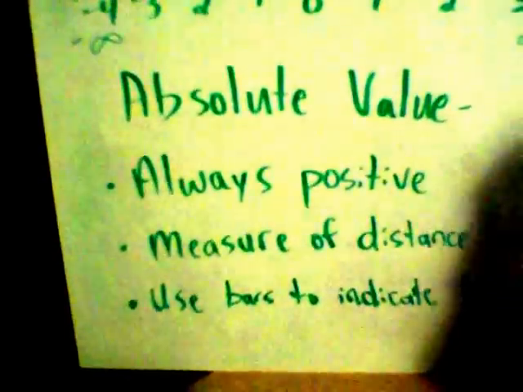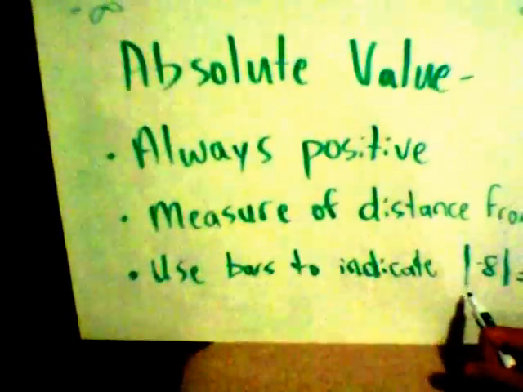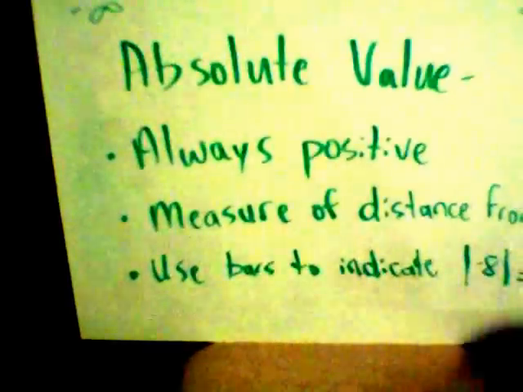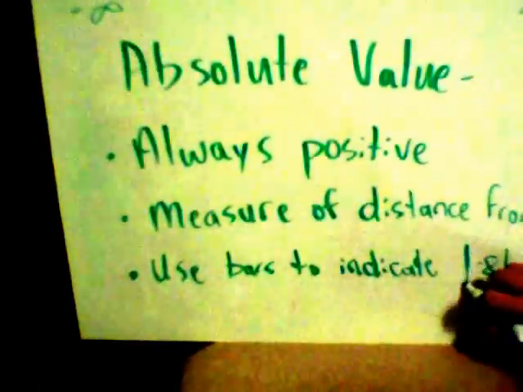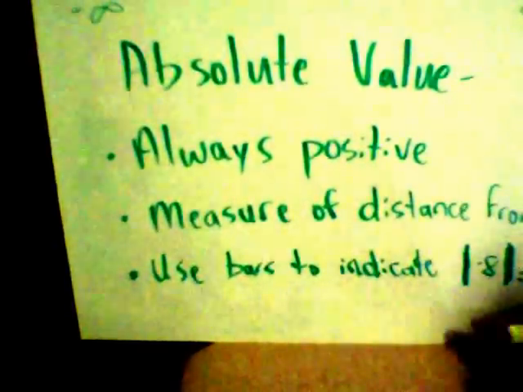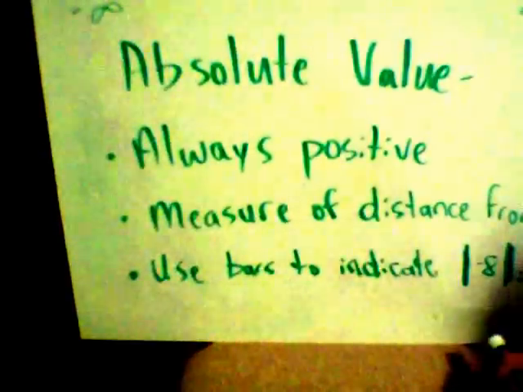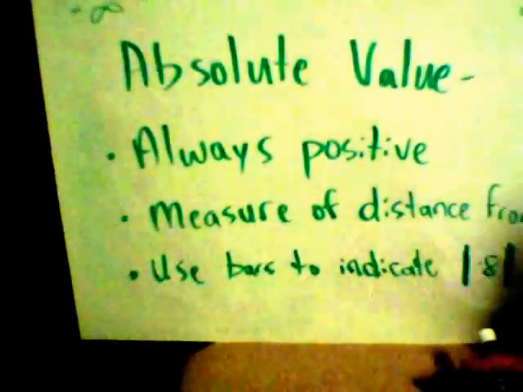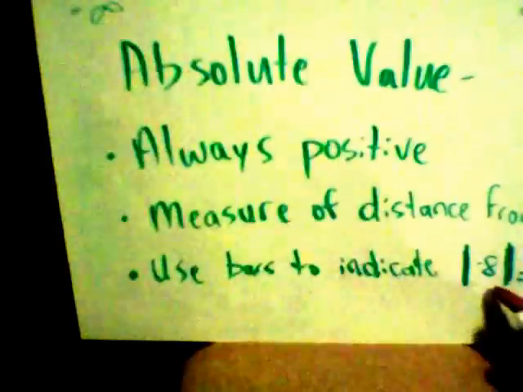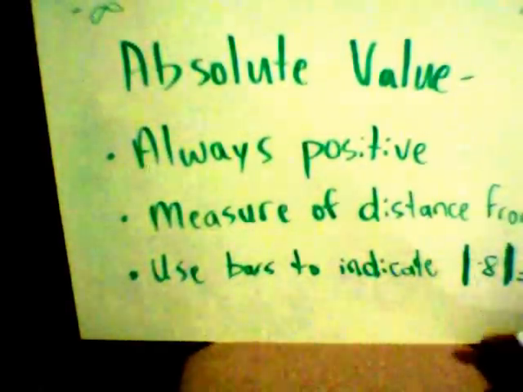And the way that you indicate absolute value is they use these bars. Oh, these are not ones. They're a little bit bigger so that they don't get confused with ones. But you put those bars on both sides of the number, and that indicates that you want the absolute value of that number. Well, the absolute value of -8 is really just 8, because that's the distance from 0.